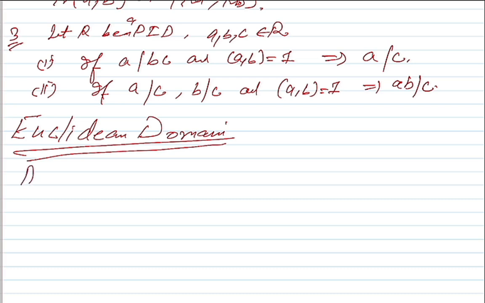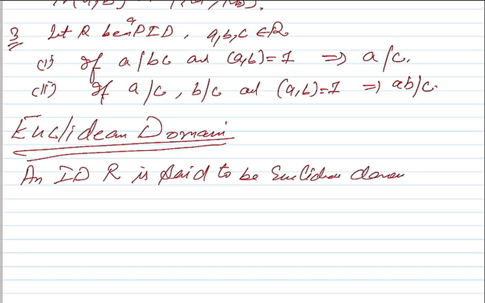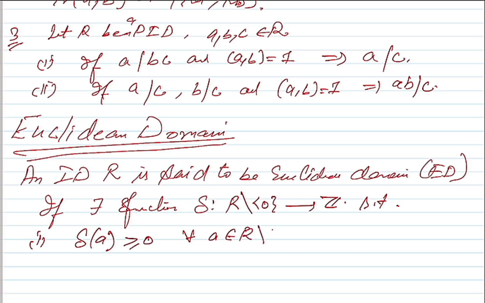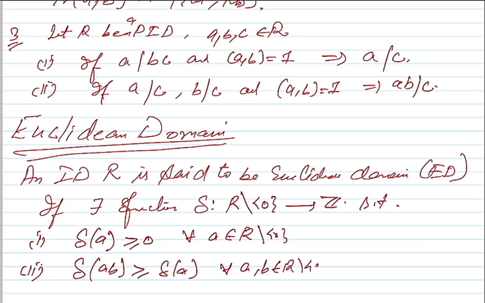An integral domain R is said to be a Euclidean domain, ED for short, if there exists some function delta from R minus 0 to the integers such that, first, it is always non-negative; second, delta of AB is always greater than or equal to delta of A for all A, B belonging to R minus 0.